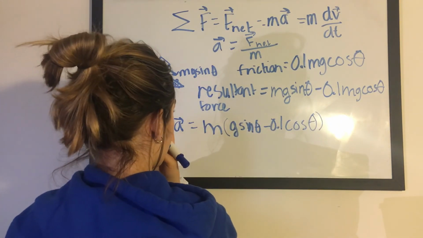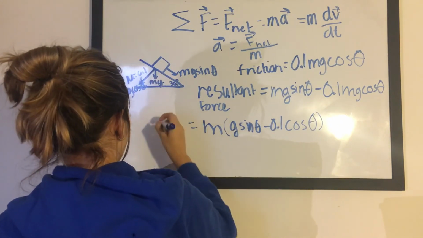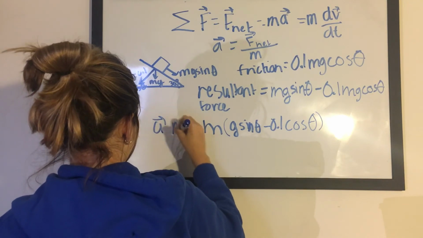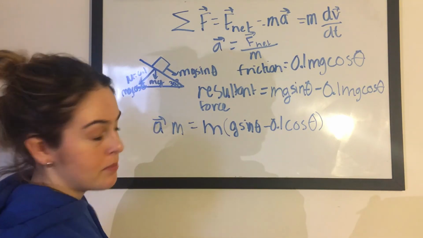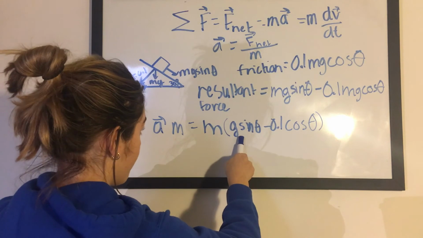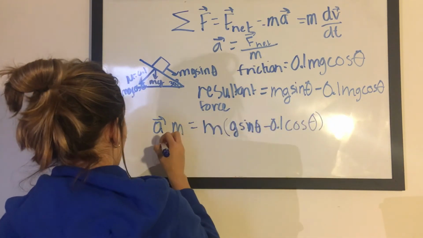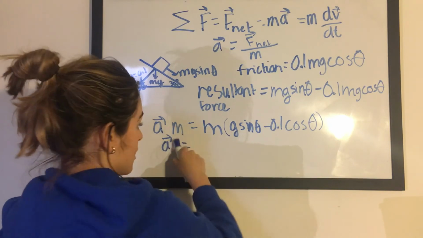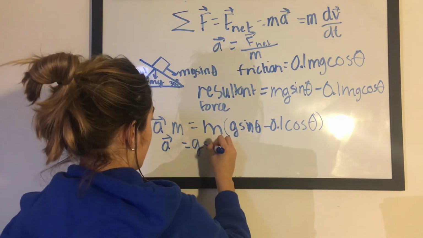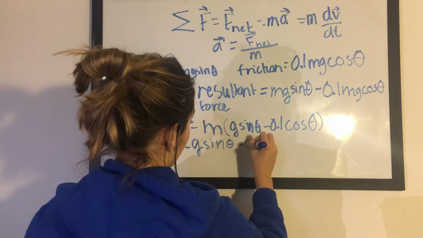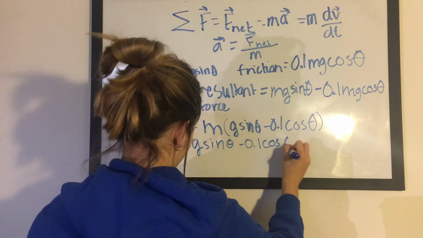So here, we know that acceleration times mass is equal to our resultant force, since we take out the m. So acceleration, we cancel out the m's, is equal to g sine theta minus 0.1 cosine theta.